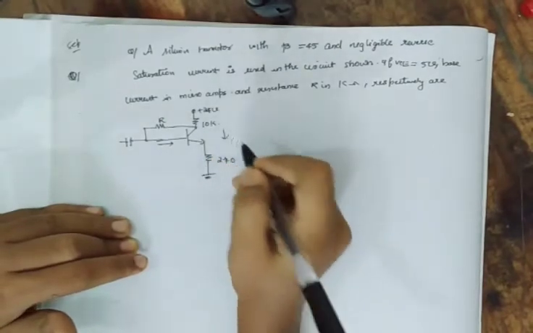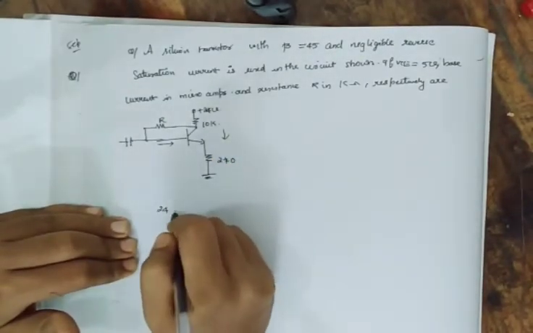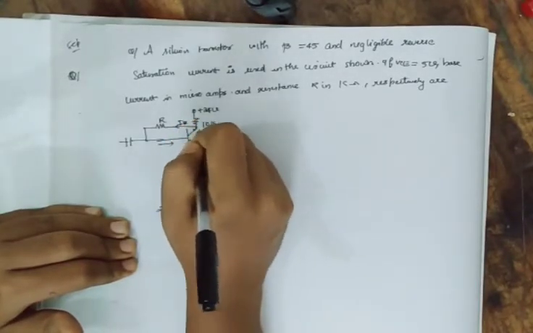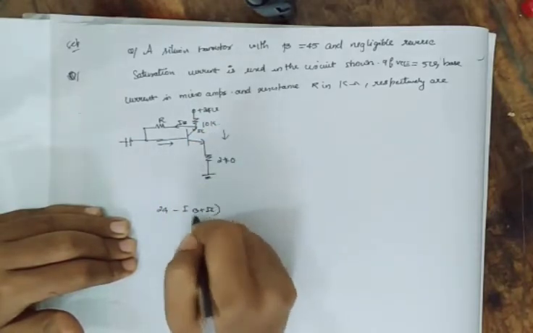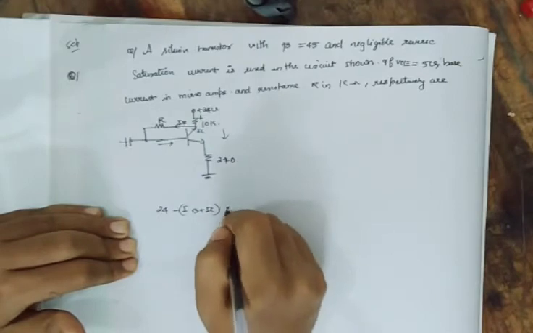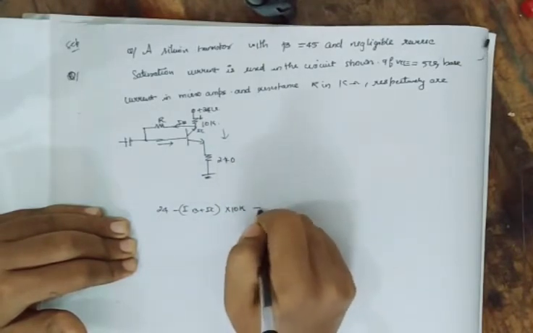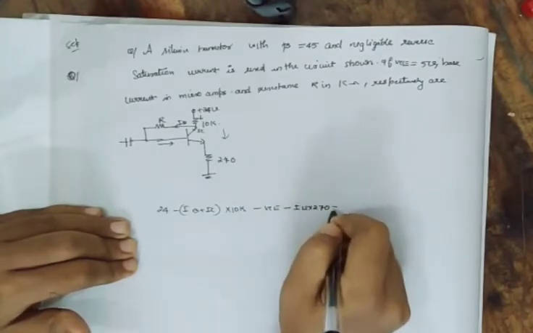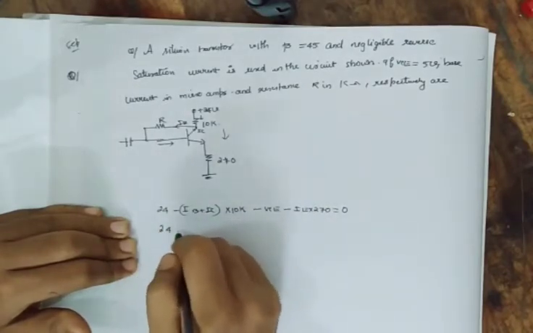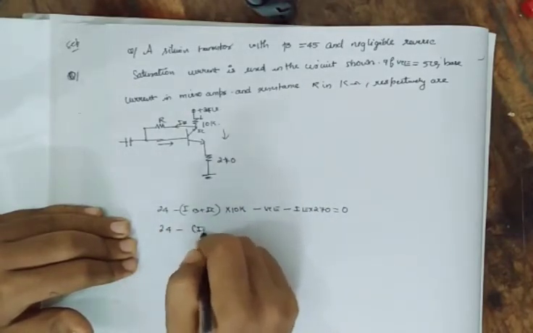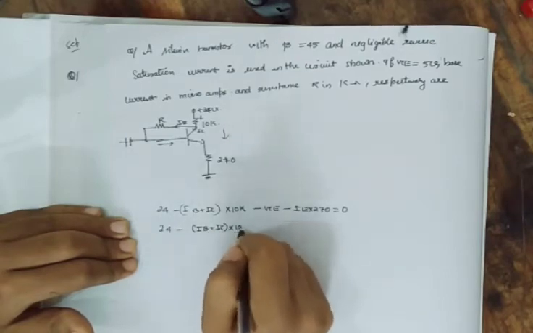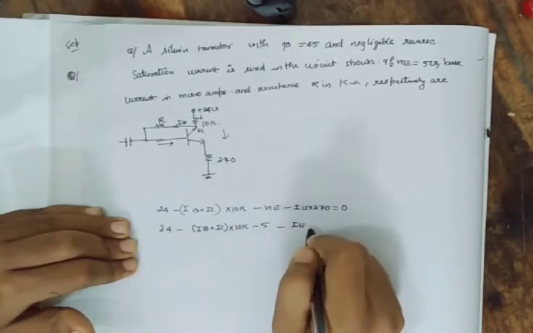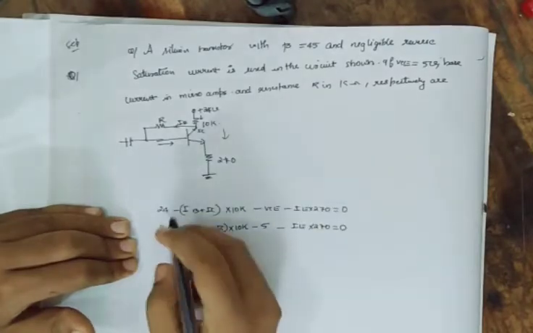That is 24 minus, this is IB and this is IC, IB plus IC into 10K minus VCE minus IE into 270 equal to 0.